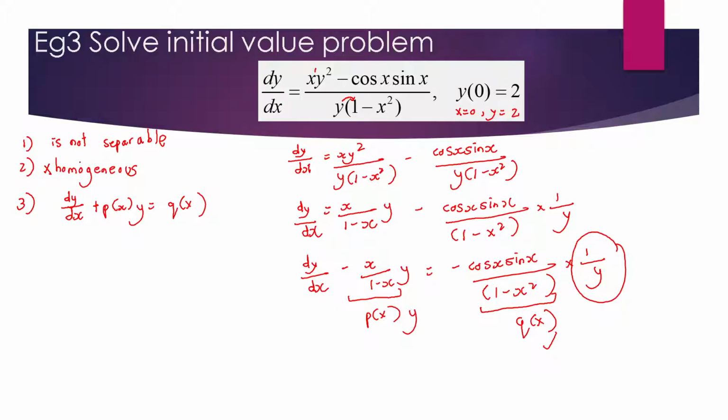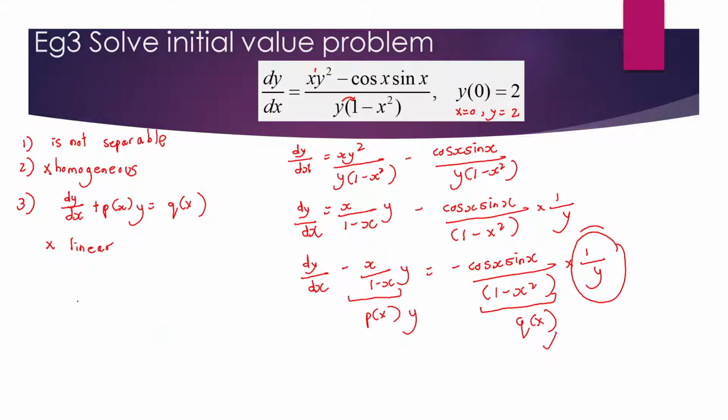So this one is also not a linear differential equation. It's not separable, it's not homogeneous because this is power 3, this one power 1. It's not linear because you have the term q(x) divided by y. Only q(x) here is q(x) divided by y, so this is not linear.